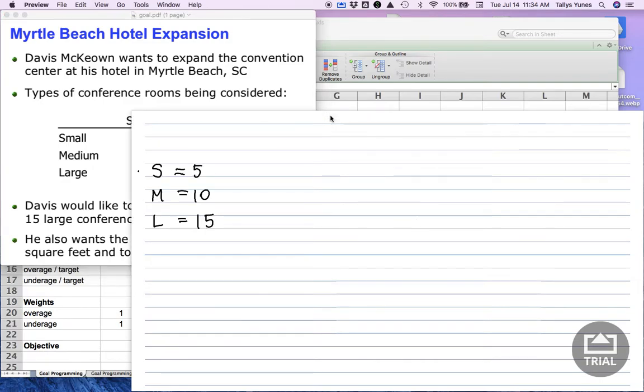Now, if I wrote this, notice that there is no choice for any of these three variables. They're basically saying you have to be equal to 5, 10, or 15. But that's not really what I want, right? Let's focus on the small rooms. I want to allow the S variable to fluctuate. If it wants to be 4, it can. If it wants to be 6, it can.